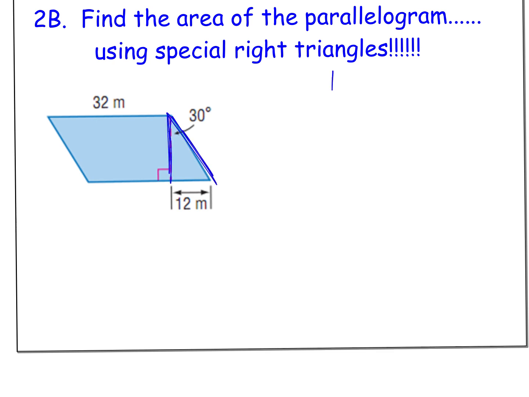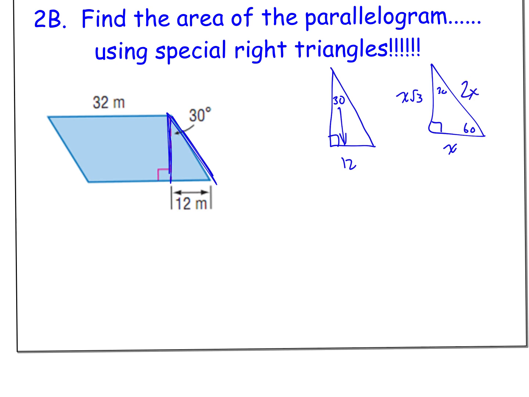So let's consider this. I've got 30 degrees. I know that's 12. Okay, so 30, that's my short side. So remember 30, 60, 90. I have short side, I have medium side, and I have long side. Short side is always half of the long side.